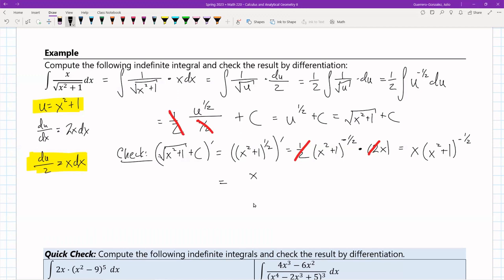So we're going to have x on top divided by the square root of x squared plus 1. And lo and behold, the derivative that we got goes right straight back to what we started with. Okay? Cool.